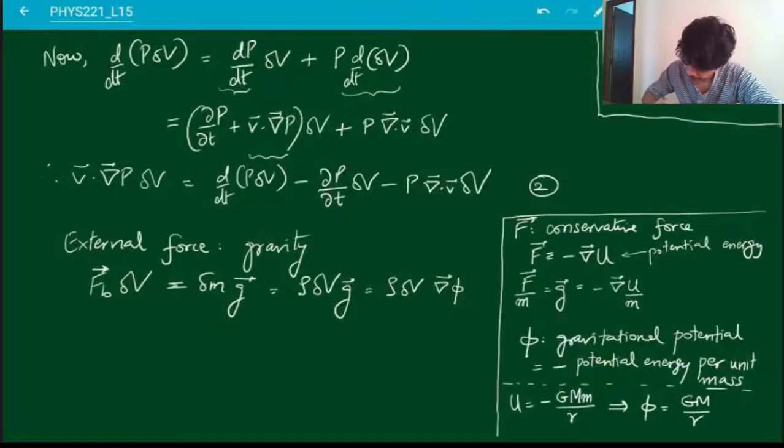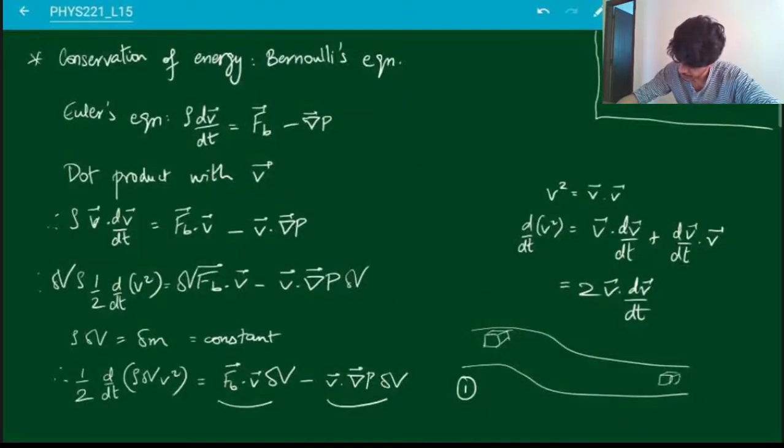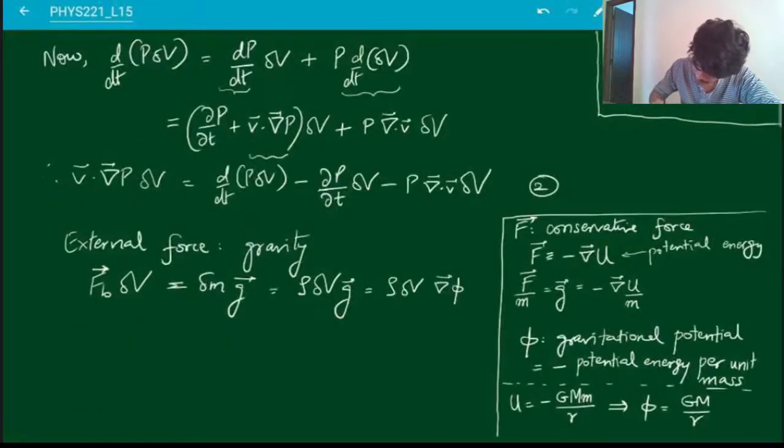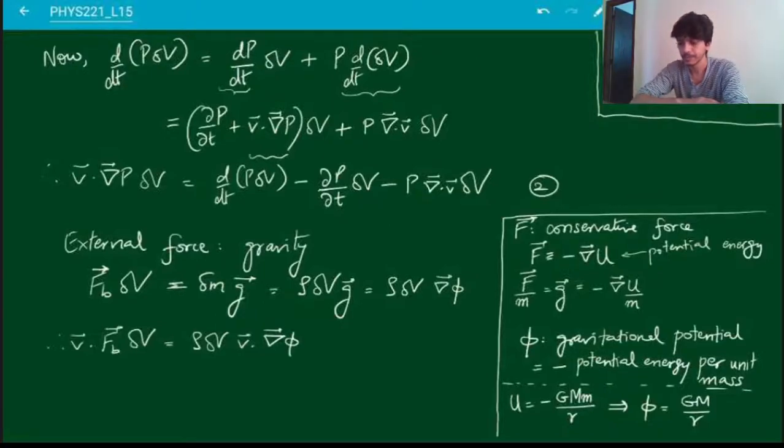Alright. So this is FB delta V. We were interested in the dot product of this with the velocity vector. So V dot FB delta V is rho delta V, V dot gradient of phi.